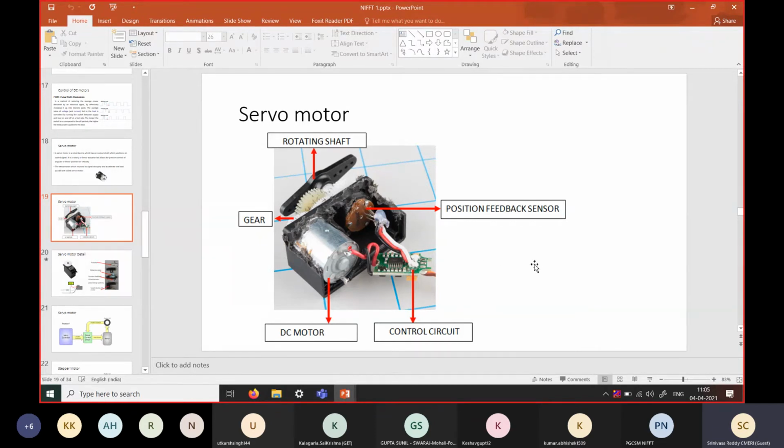Due to the difference between the desired and actual position, the controller will give some voltage input to the motor, which will result in rotation of the shaft. Whenever it reaches 90 degrees, the position sensor senses it and communicates again to the control unit, and the control unit will automatically cut off the voltage so that the motor will stop at 90 degrees.